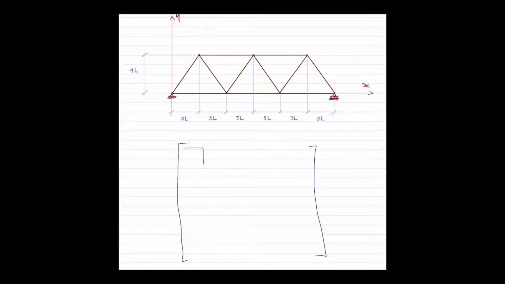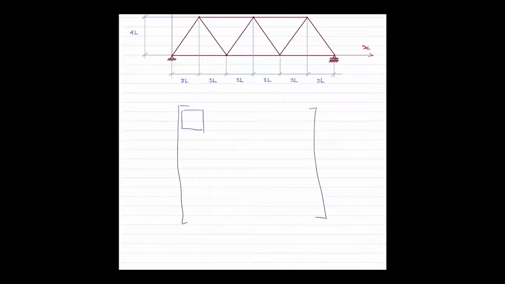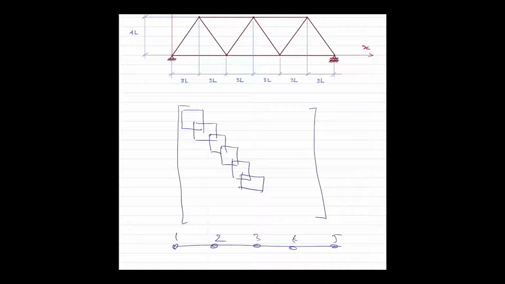If you name the nodes very well, for example in a very simple problem like this, 1, 2, 3, 4, 5, like the exam problem, then DOF 1, 2 will be connected with DOF 3, 4, and 3, 4 connected to 5, 6, and so on and so forth. So this is how your assembly of the stiffness matrix goes.